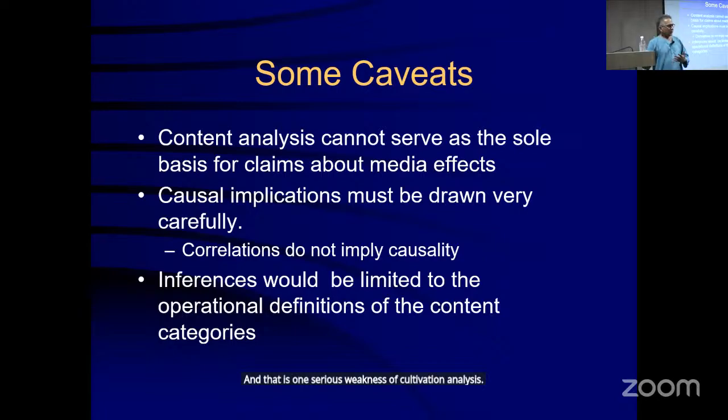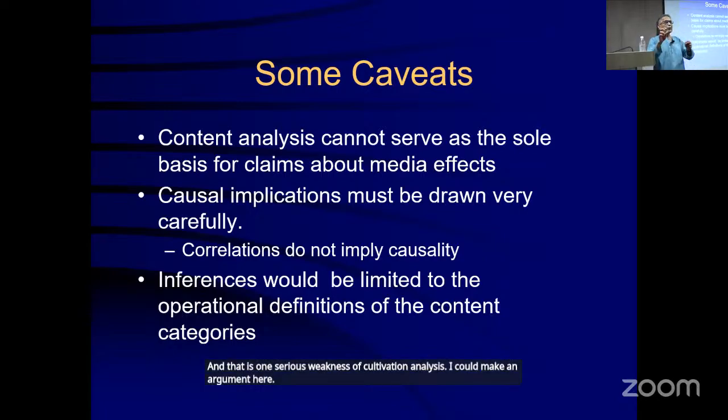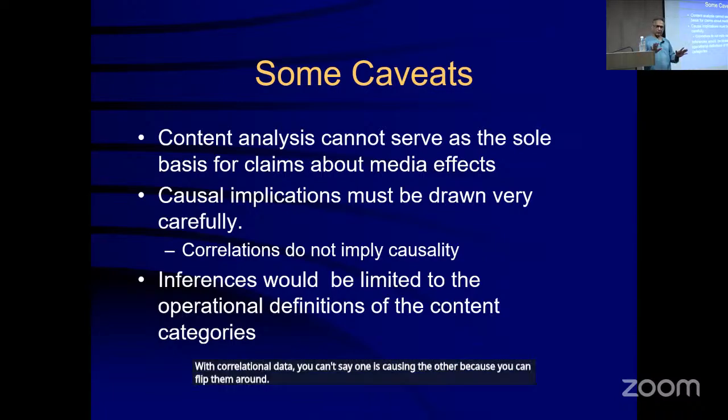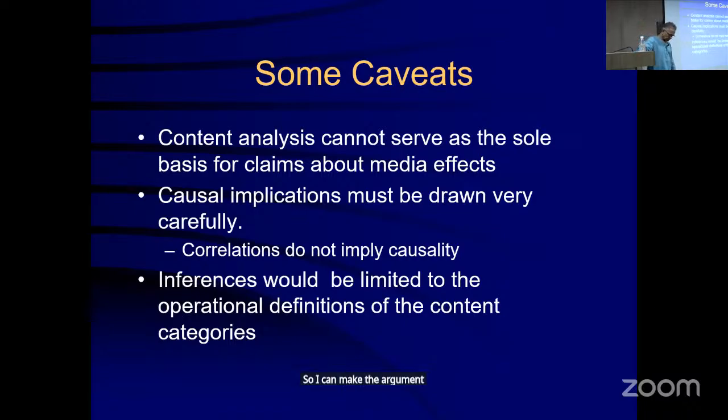I could make an argument here that I could reverse that equation and still it'll be okay. That's what will happen with correlational data. With correlational data, you can't say one is causing the other because you can flip them around. So I can make the argument that people who are afraid tend not to go out in the nights, evenings.